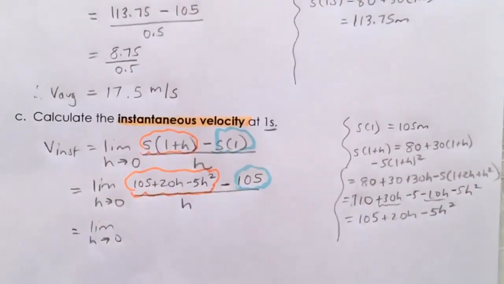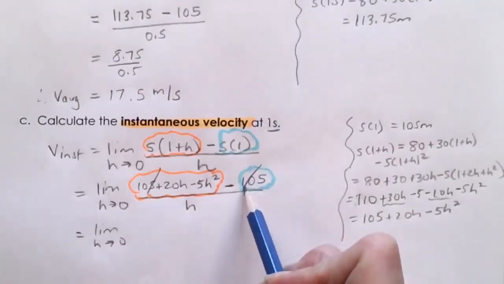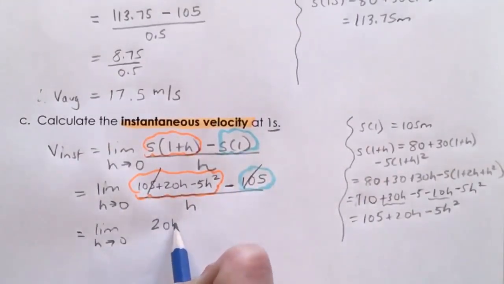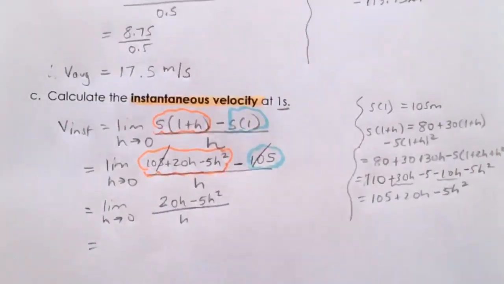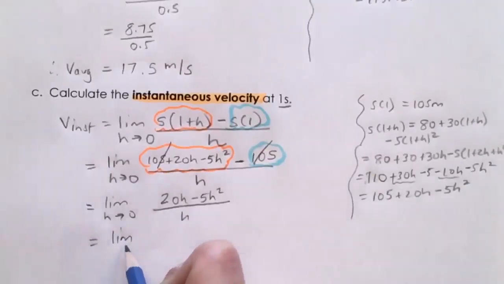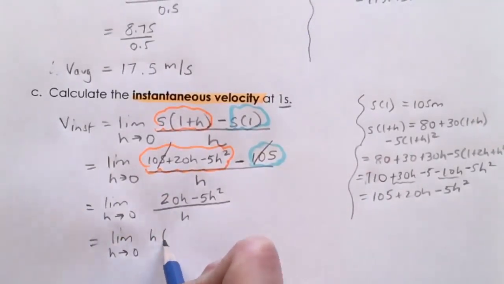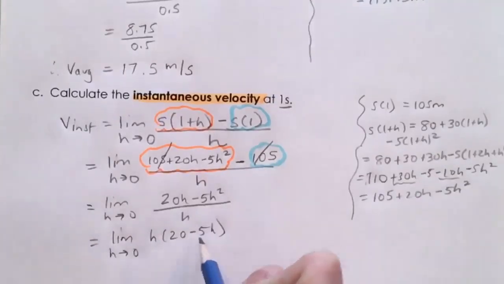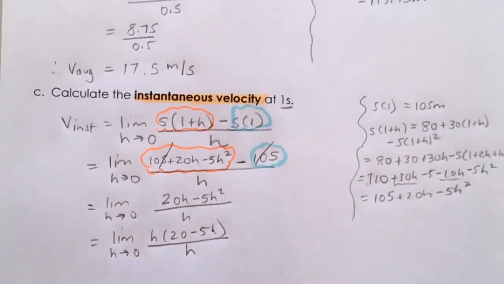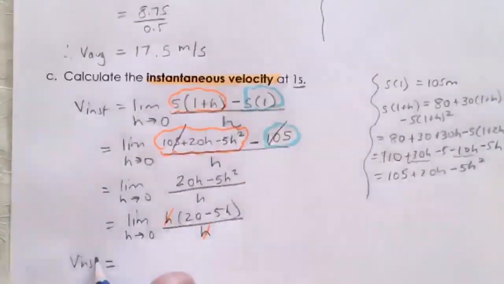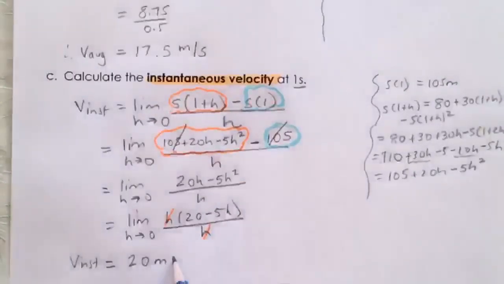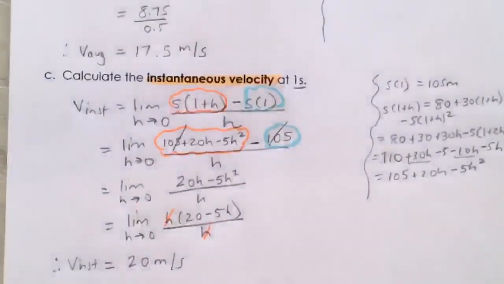All right, so then if we simplify the numerator, the 105s add up to 0, and we're left with 20h minus 5h squared over h. And then we can factor h out. So the limit as h approaches 0 of h times 20 minus 5h over h. And then our problematic h cancels. So now we can take the limit. So we can let h approach 0, and our instantaneous velocity then would be 20 meters per second.